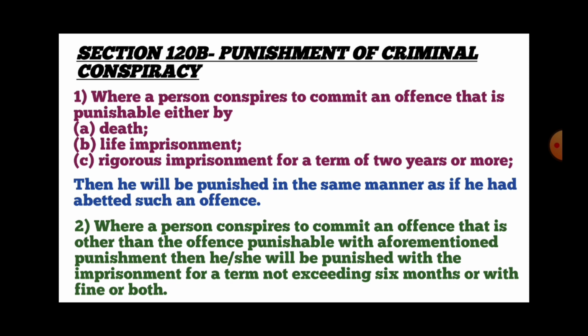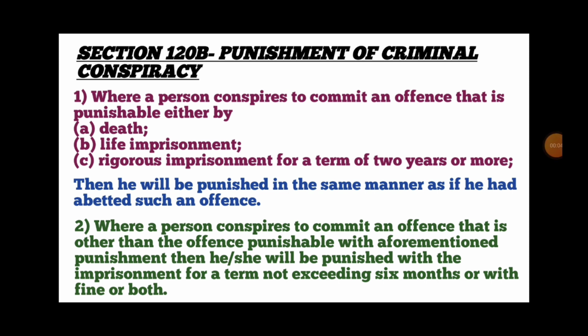It means that whoever is a party to a criminal conspiracy to commit an offense which is not punishable with death, life imprisonment or rigorous imprisonment for a term of more than 2 years, that is, where the punishment for the offense is less than 2 years, will be punished with imprisonment for a term not exceeding 6 months, or with fine, or with both.